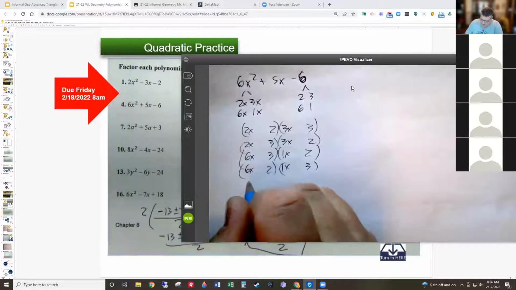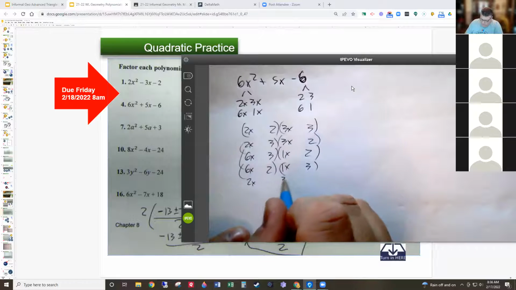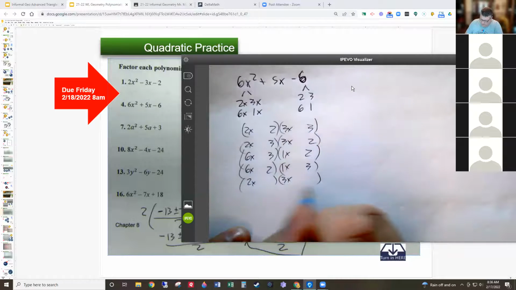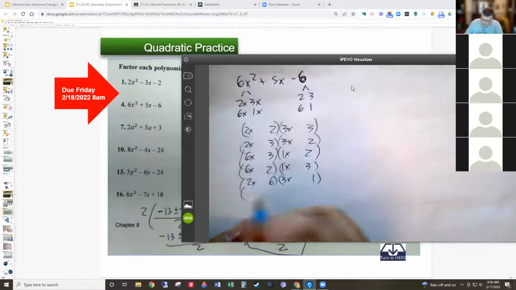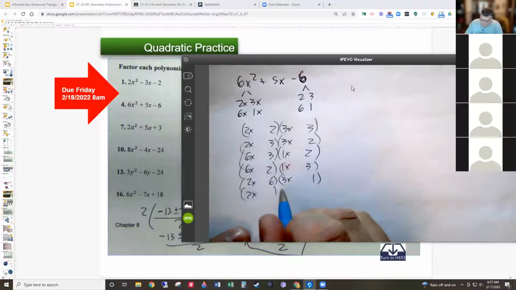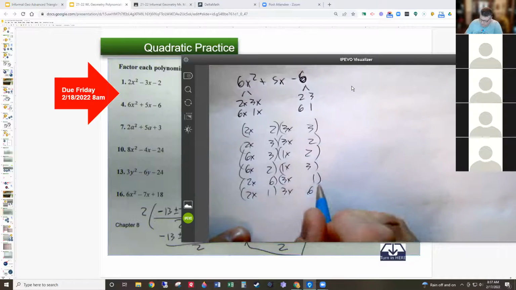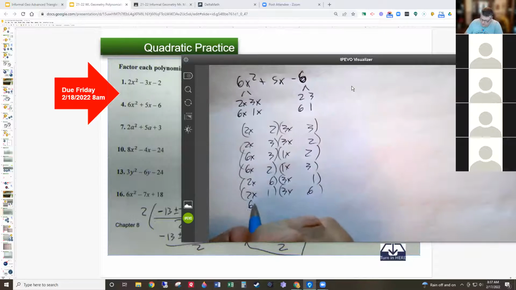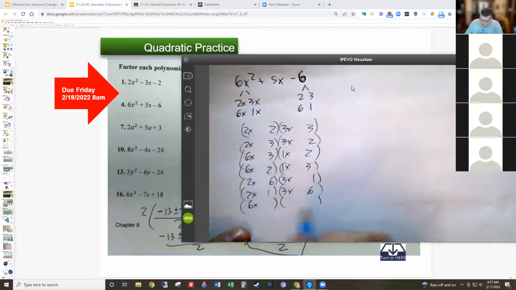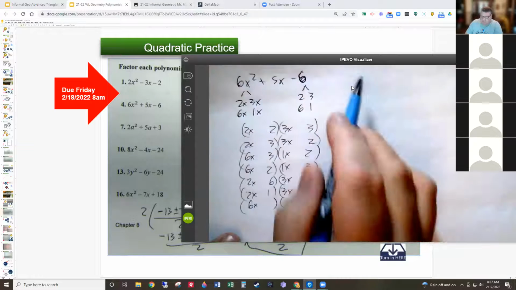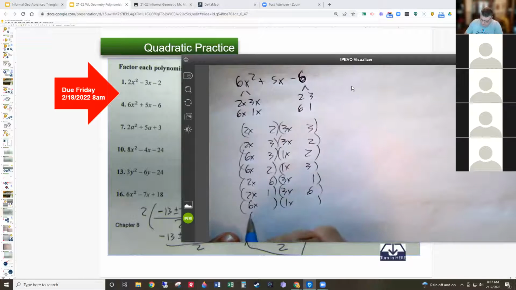I could have 2x, 3x with a 6 and a 1. I could have 2x, 3x with the 1 and a 6. I could have, and do you see where my challenge starts to become, even on a problem that's actually very basic, it can get pretty long pretty fast.